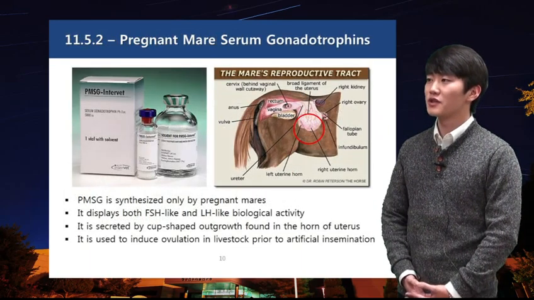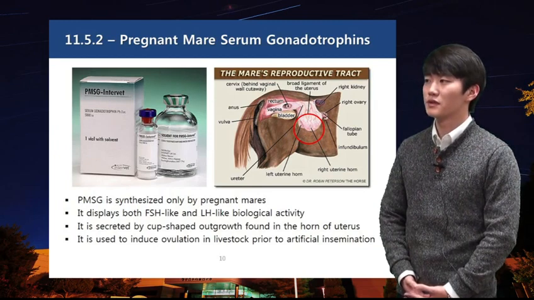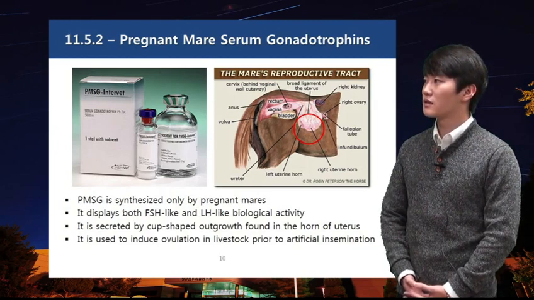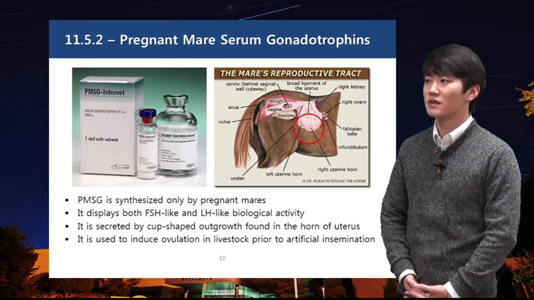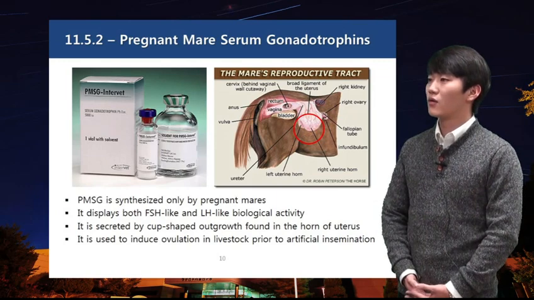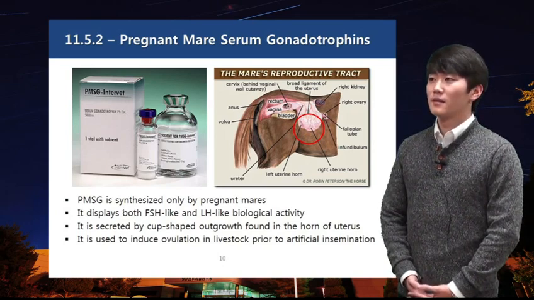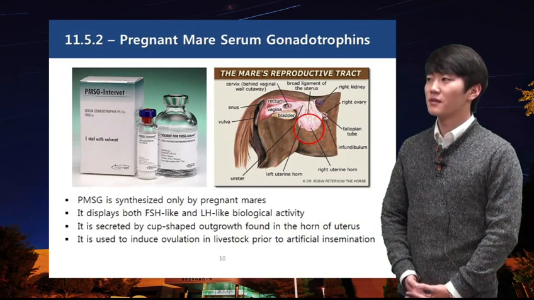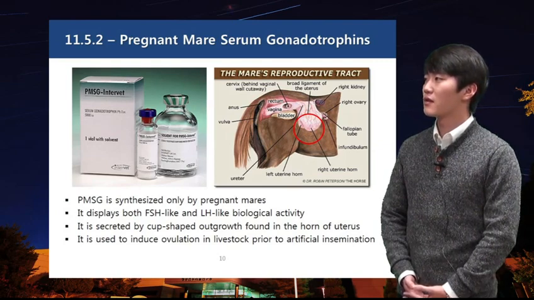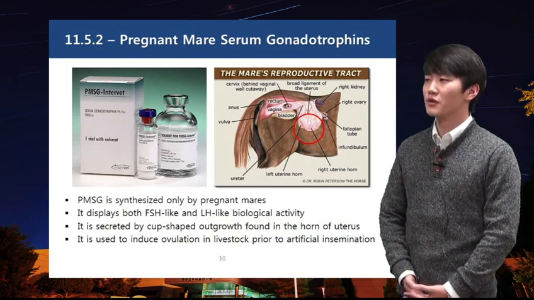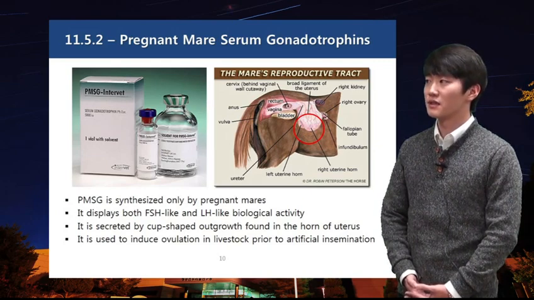Next, PMSG is a unique member of the gonadotrophin family of hormones. It is synthesized only by pregnant female horses and not found in any other species. Also, it displays both FSH-like and LH-like biological activities. PMSG is secreted by cup-shaped outgrowths found in the horns of the uterus of pregnant horses.